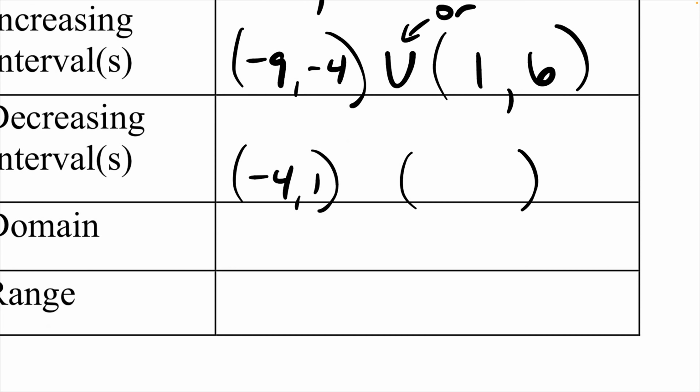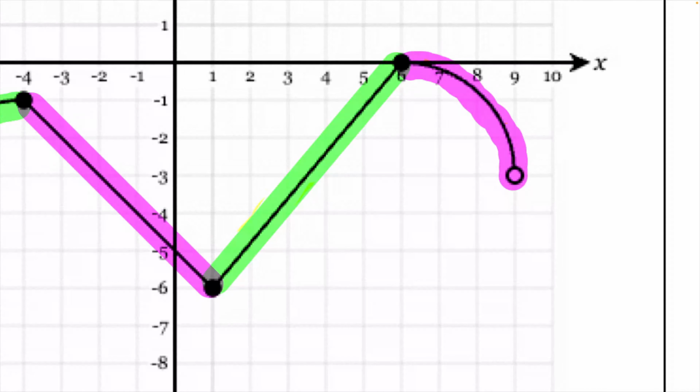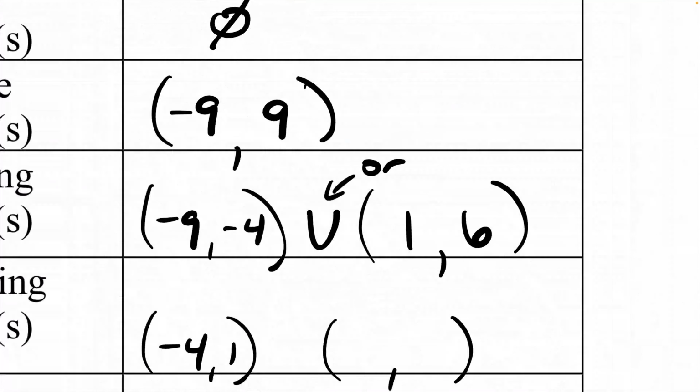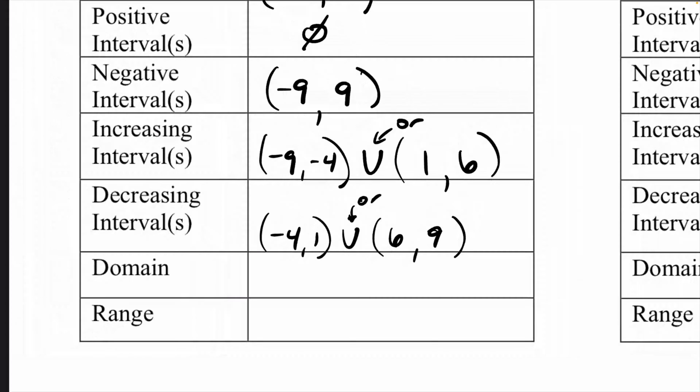And then there was another decreasing. Where was that decreasing from? 6 to 9. Good. 6 to 9. And I'm going to put another U in there because it's more than one interval. Good. Okay, good to go.